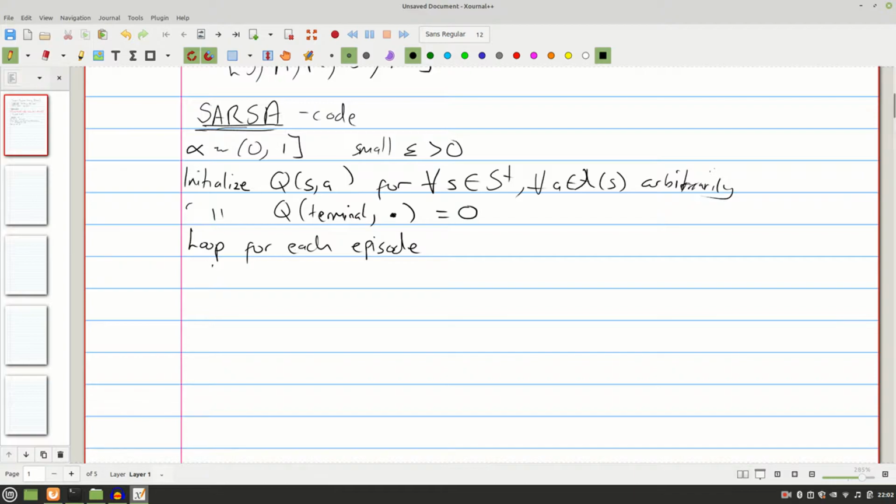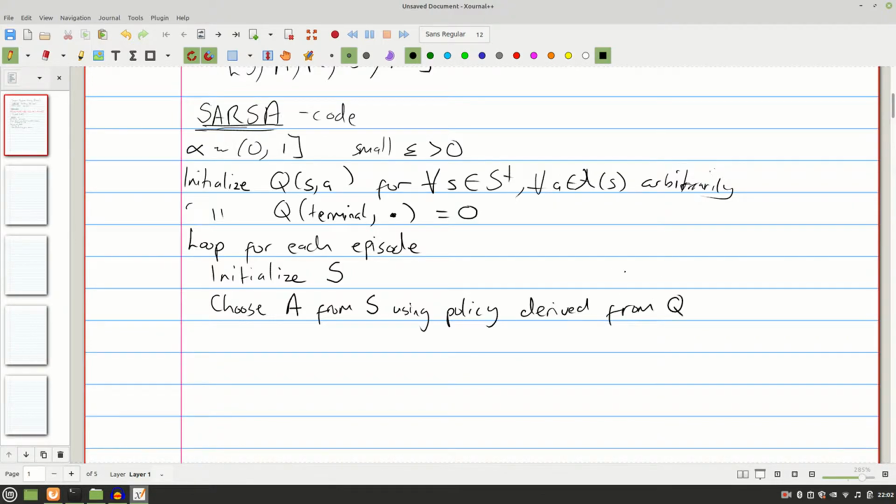The first thing we're going to do here is initialize S, which is our state. This is how we begin. And then we're going to choose A, our action, from S using the policy derived from Q. For example, this can be an epsilon greedy policy.